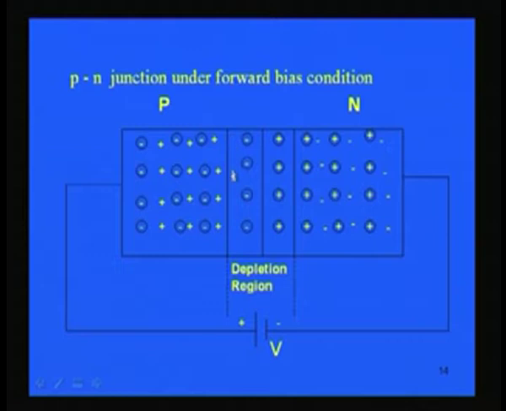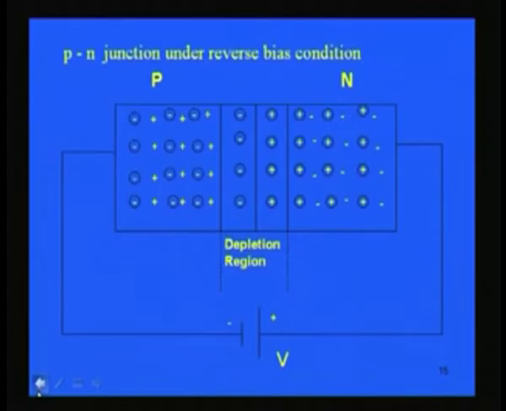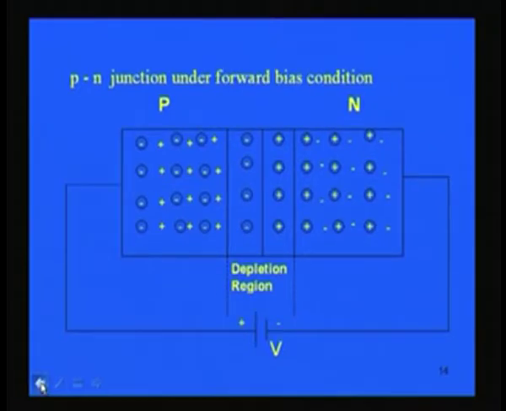Similarly, the electrons will neutralize the positively charged donor atoms. That means we will now have a lesser depletion region, because the depletion region contains only immobile, uncovered charges. As the holes move to the right, the depletion region gets reduced.